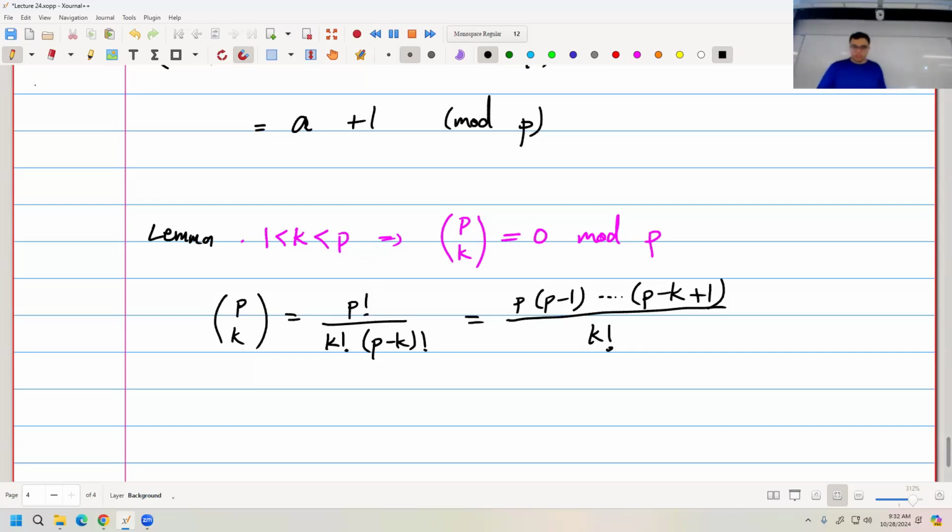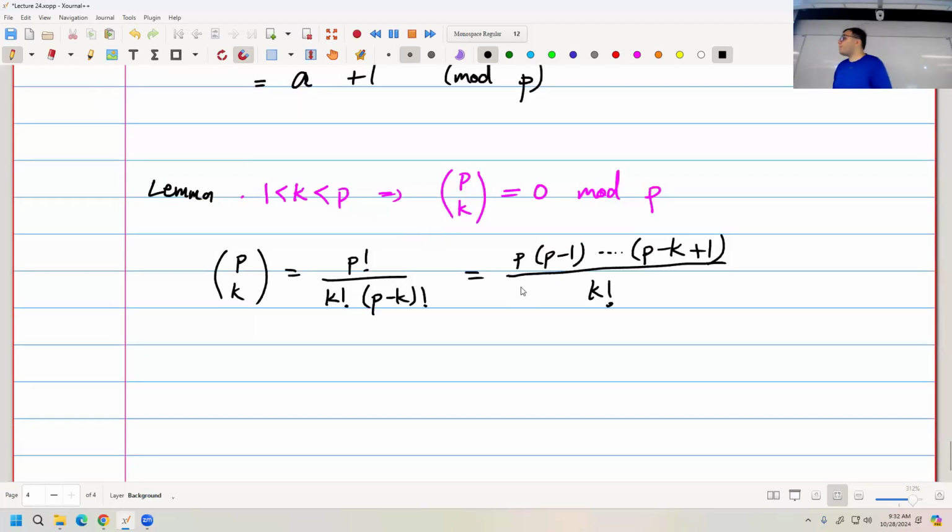Okay. Now, I want to claim that this is a multiple of P. Now, why is this a multiple of P? I have a P up here. I don't have a P down here, right? So just look at the prime factorization of the number here. It definitely has a P in it.